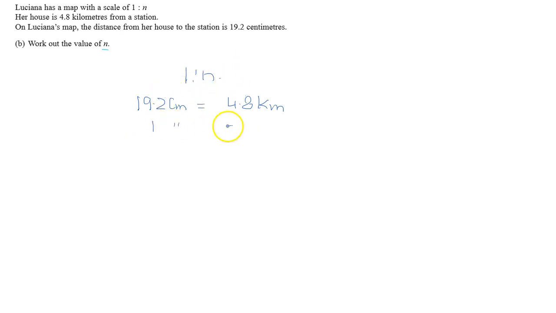So 1 centimeter will be represented by 4.8 divided by 19.2, which is going to give us 0.25.